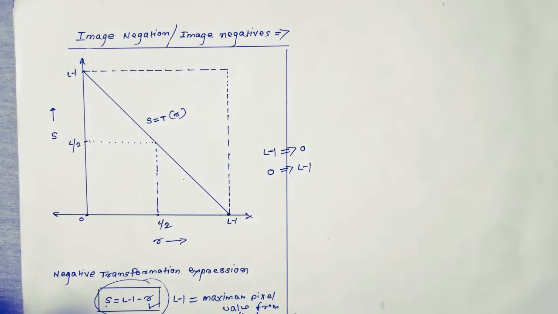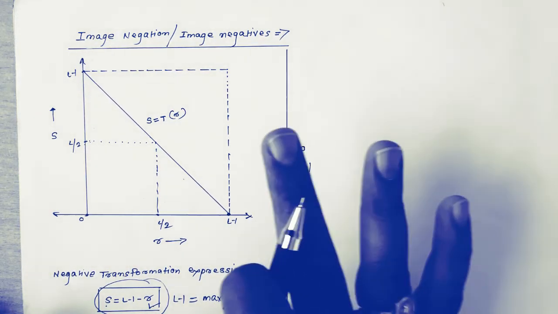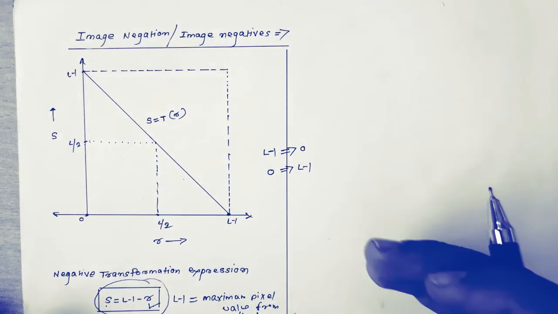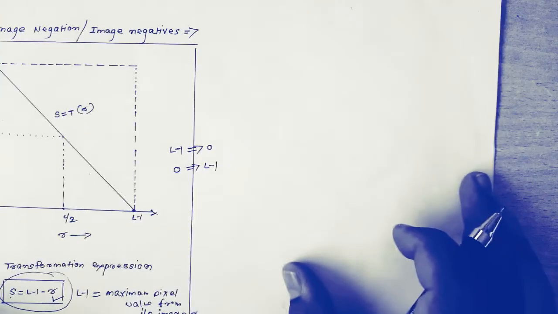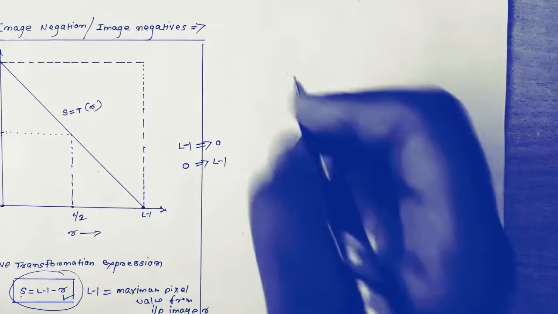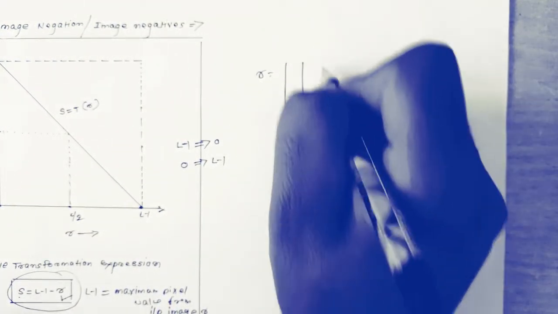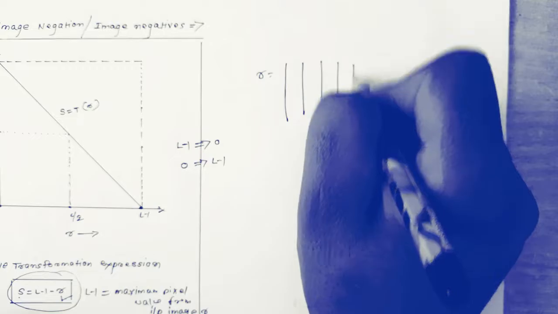This type of processing is particularly suited for enhancing white or gray details embedded in dark regions of an image. Now I just want to take one example of image negation. Consider one matrix. R is equal to, I am going to take one 4 by 4 matrix or image.